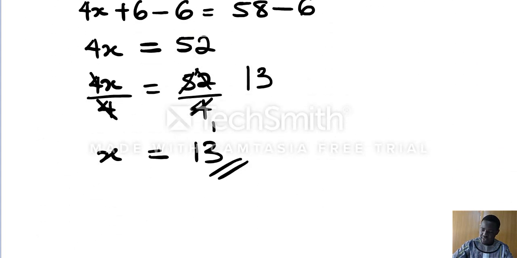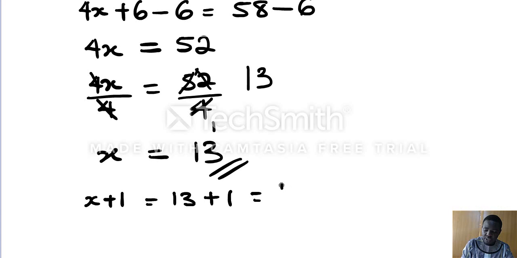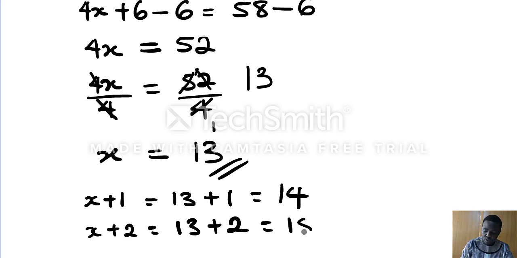So if x is equal to 13, then the second number, which is x plus 1, will be equal to 13 plus 1, which is equal to 14. And the third number, which is x plus 2, is going to be 13 plus 2, which is equal to what? 15.